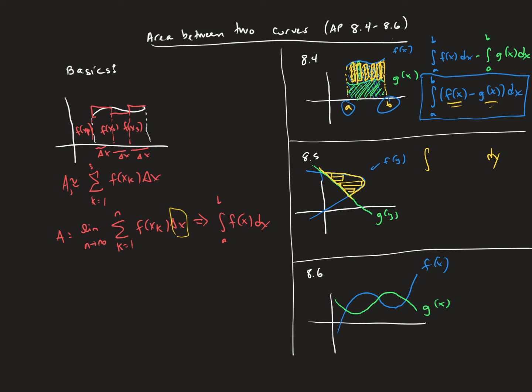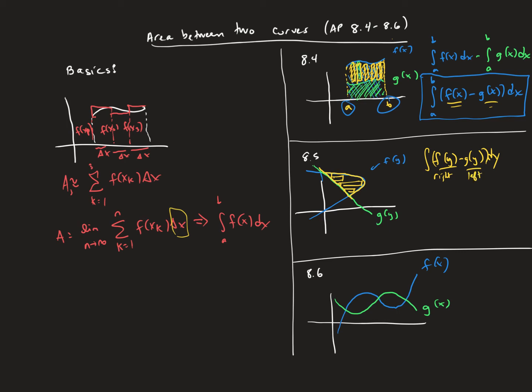The function to the right is the bigger one, the function to the left is the smaller one. So when we do this 8.5 stuff, this would be f of y minus g of y with respect to y. F of y is the rightmost, g of y is the leftmost, bigger, smaller.